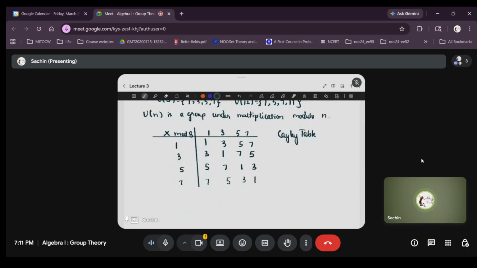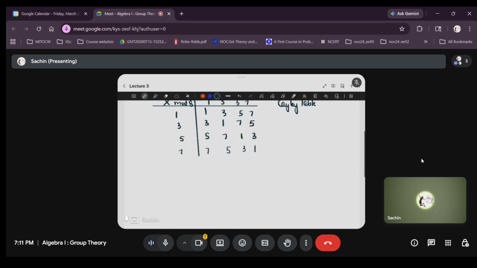The reason you are taking only those integers which are relatively prime to n is because a number a which is less than n has a multiplicative inverse modulo n if and only if a and n are relatively prime.